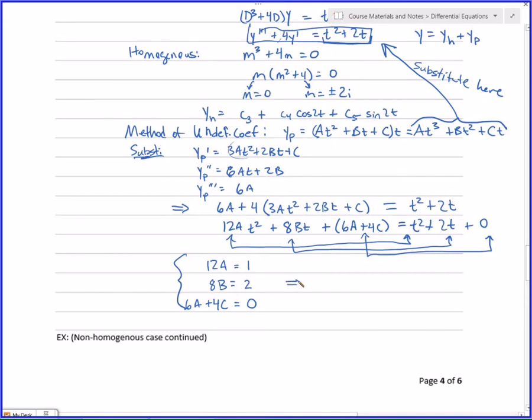So A is 1/12, B is 2/8, or 1/4. So I have 6 times 1/12 plus 4c equals 0. That's now 1/2. So 4c equals negative 1/2, or c is equal to negative 1/8.